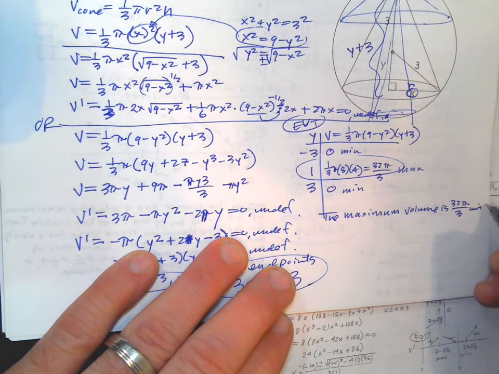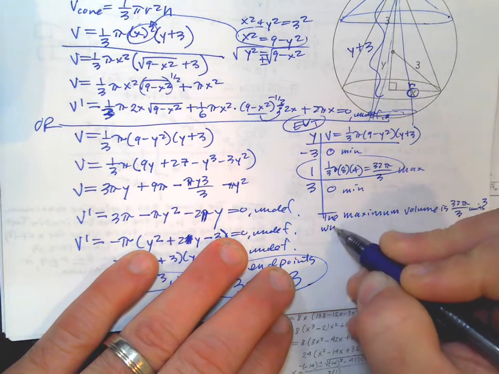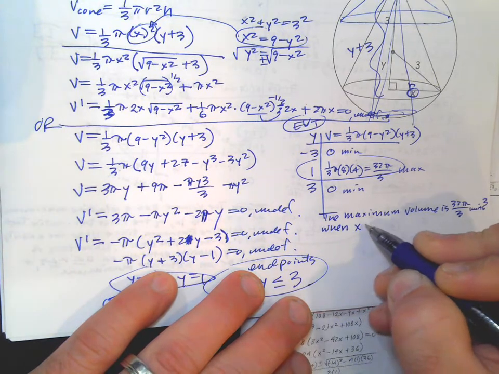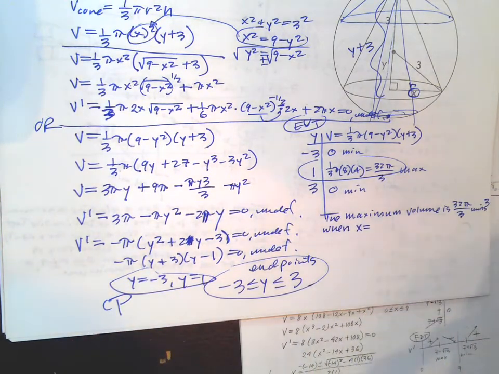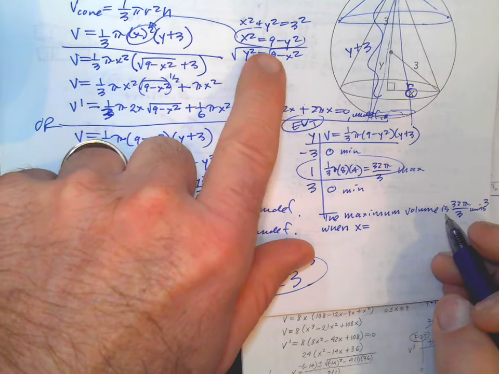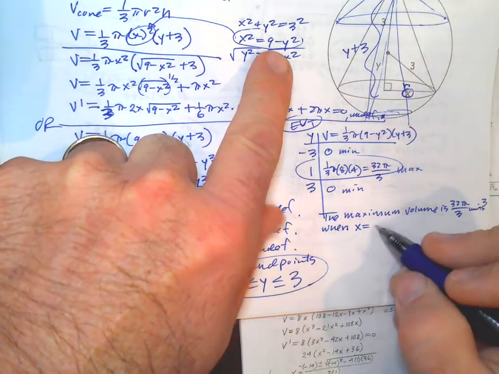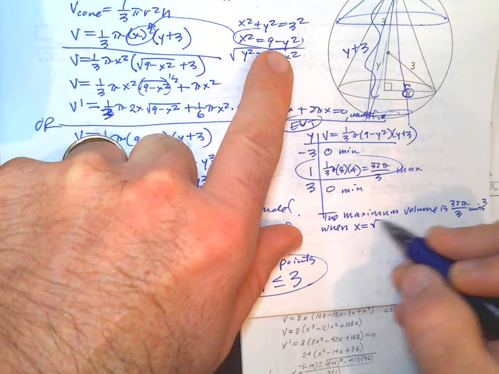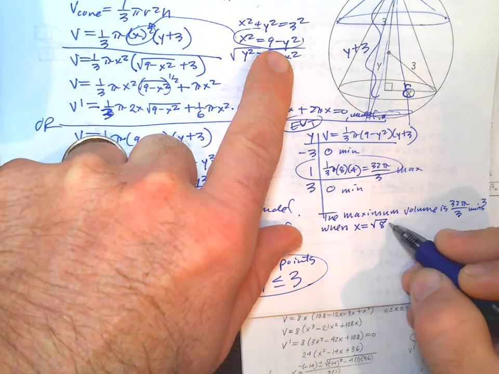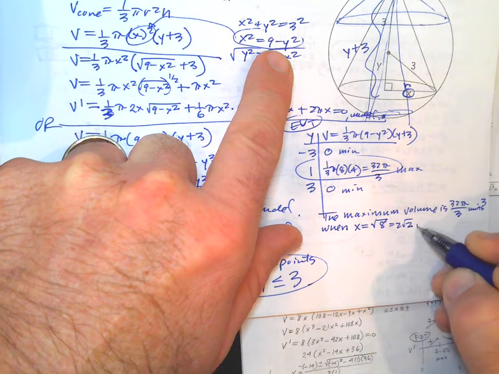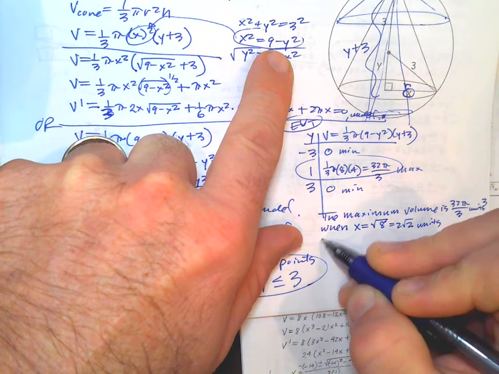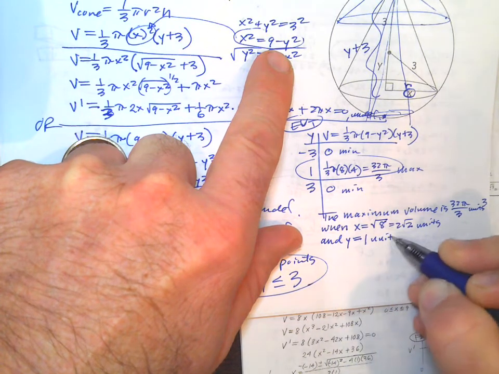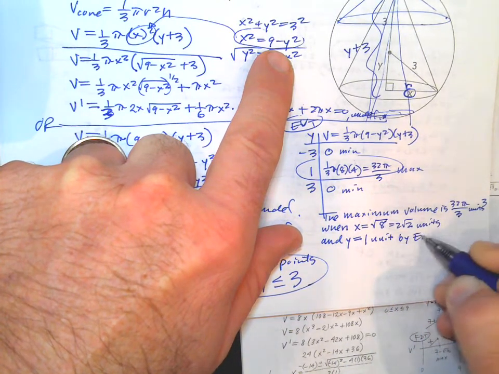Units cubed, when, now we could find what x is. x equals the square root of that, 9 minus 1, square root of 8, or 2 root 2 units, and y equals 1 unit, by extreme value theorem.